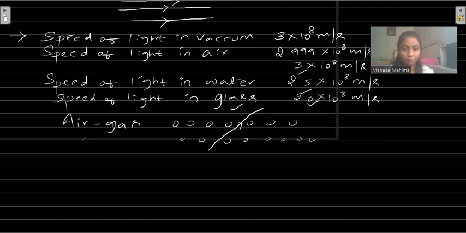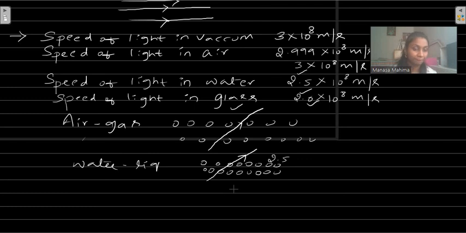If I am talking about water, what is that water? It will be in liquid form, right? So the molecules in a liquid are relatively closer, correct? But not tightly packed, correct? So the light may go in this way, okay? So the speed of light in water is 2.5.